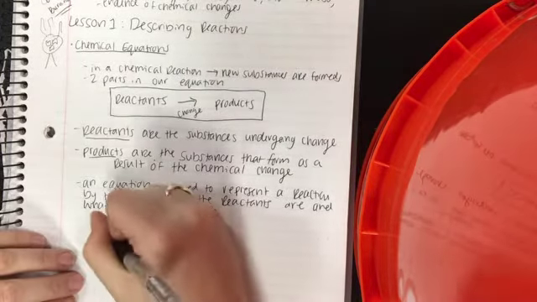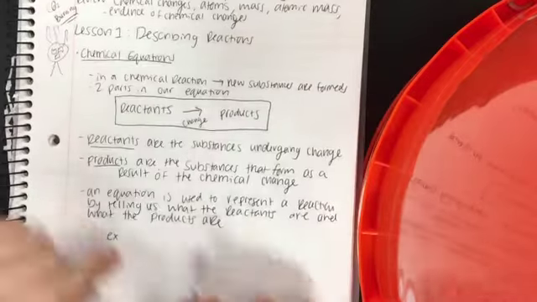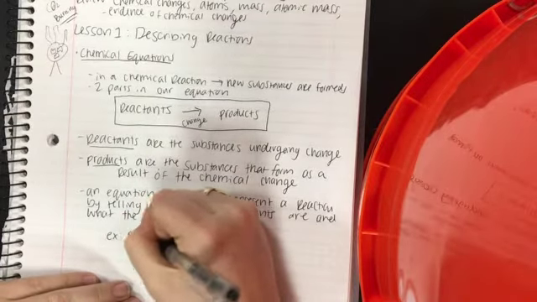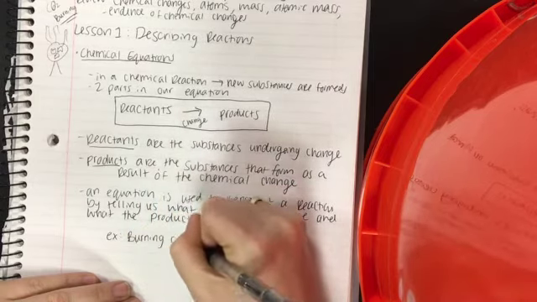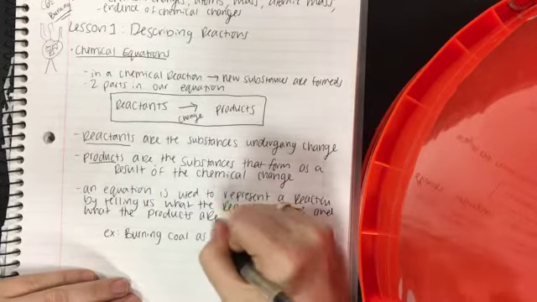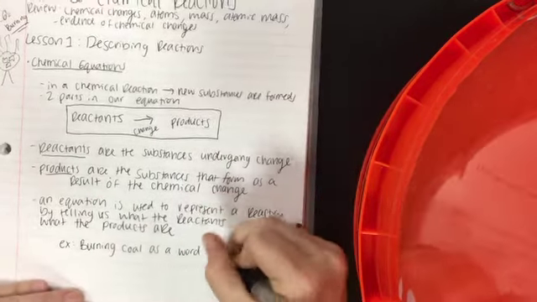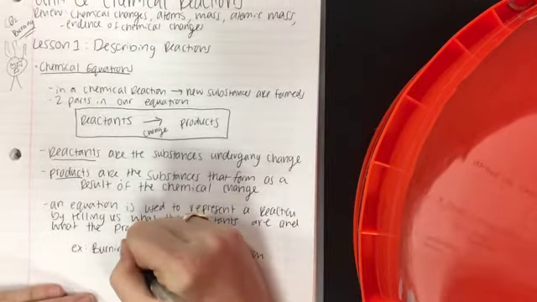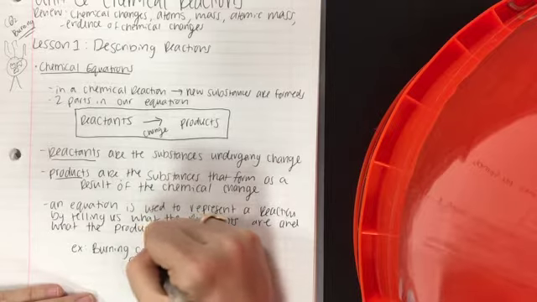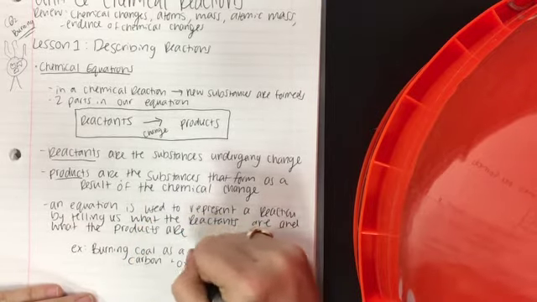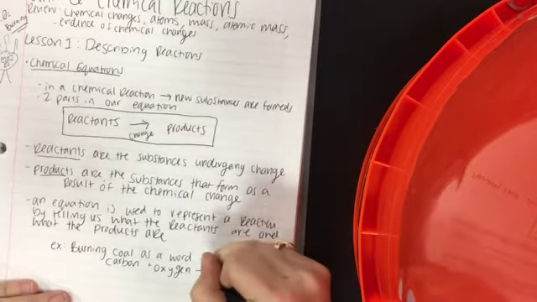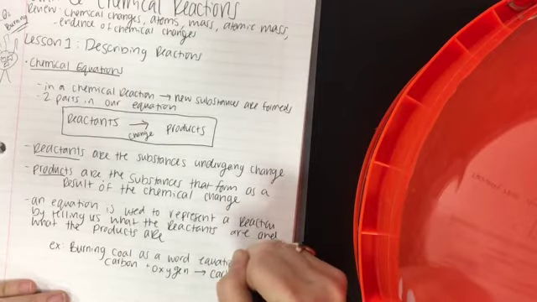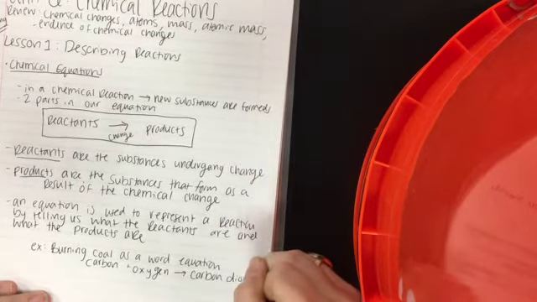So our good example here, if we look at that one again from my fire up here, burning coal as a word equation, and if we're using words to describe it, that is carbon plus oxygen, giving us carbon dioxide, right?